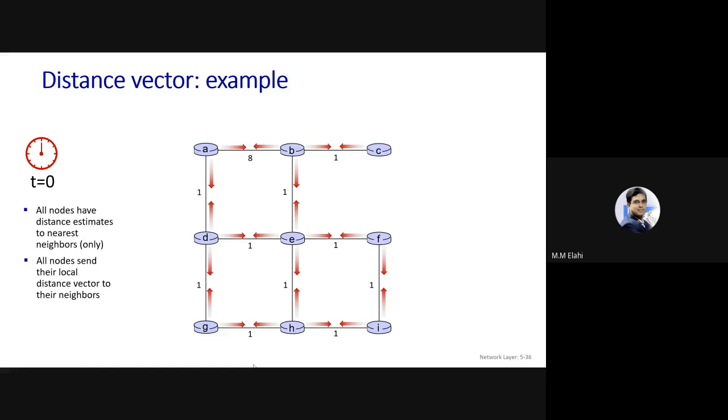Then D will send an update to A, E, and G. Very simple. Every node will send an update to its neighbors. After receiving the update, that is why it is asynchronous. Whenever a node receives an update from at least one of its neighbors, maybe the other neighbors have no update to send. In this case, all neighbors are sending because every node just initialized. So definitely they have updates to send.